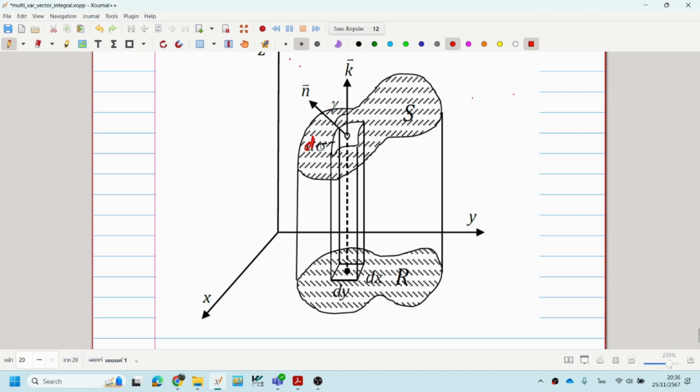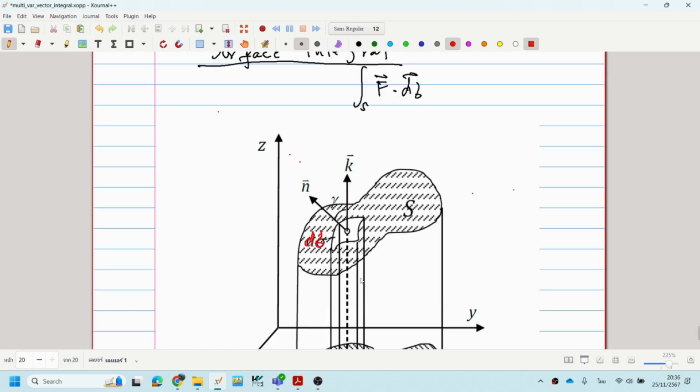This is d sigma, the small element at that point, and I define the orientation of the surface with the n vector, which is a unit vector.